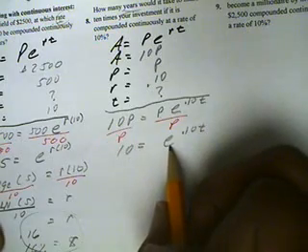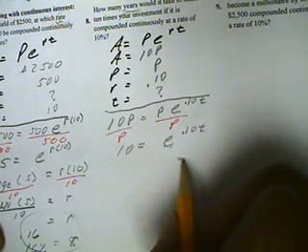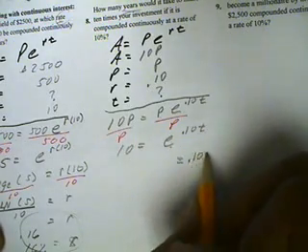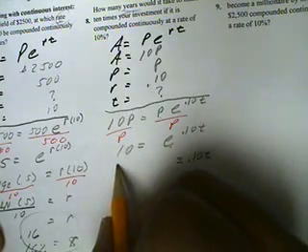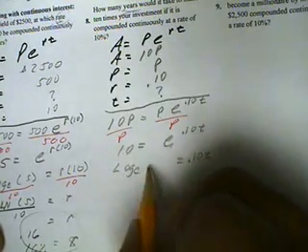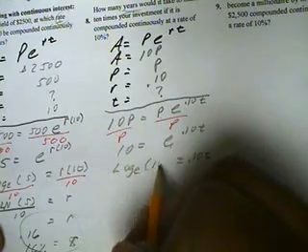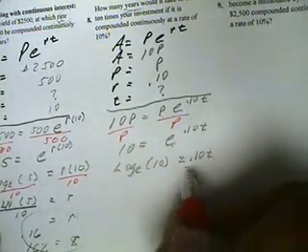The second step will be to get rid of the base e. So this will be 0.10t equals log base e on the other side of 10. Then we'll divide both sides by 0.10.